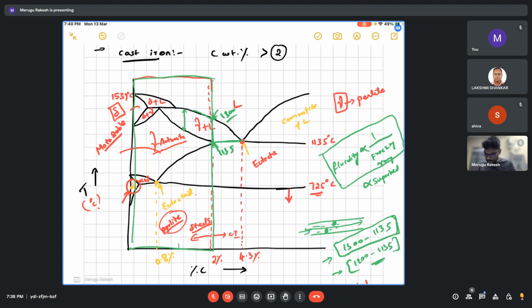So this is the large freezing range, whereas this is for cast iron. If I start here, I have this much. I think I have drawn both at the same level, but it will be a bit less. So this is the freezing range in the case of cast iron.